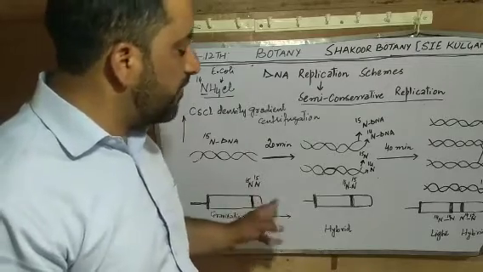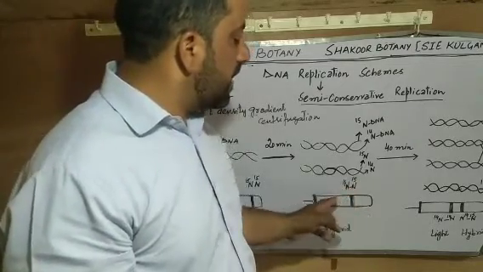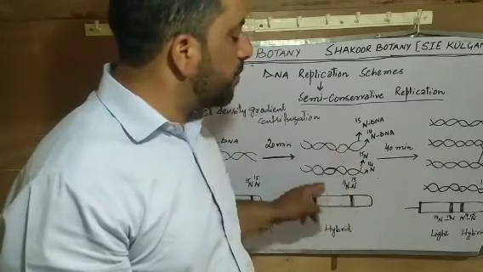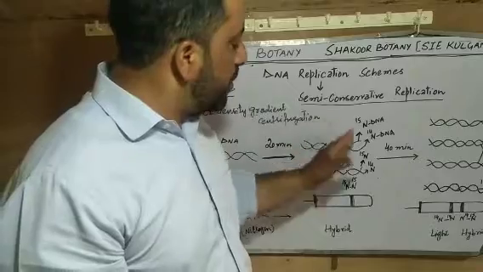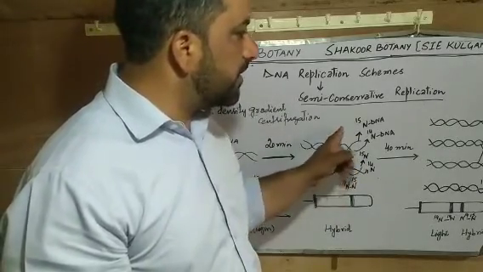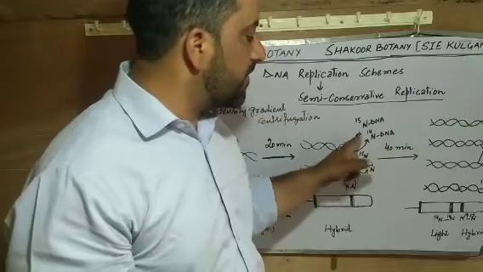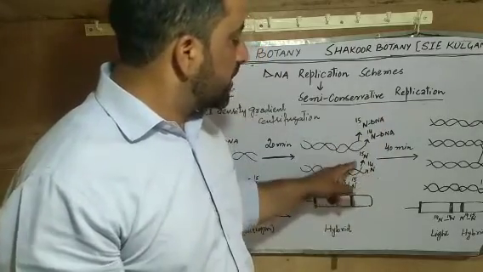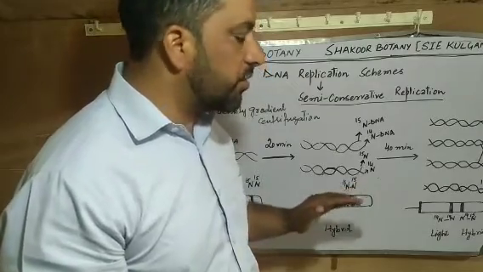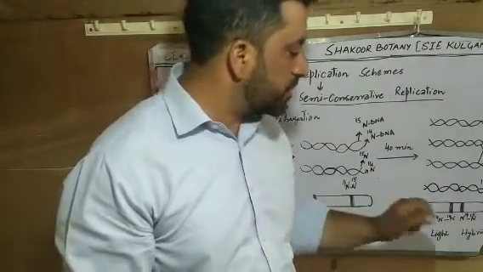Now after 20 minutes, when we cultured this E. coli on N14 medium, 2 DNA molecules were formed, and in both DNA molecules one strand was N15 and another strand was N14. So they formed a band at an intermediate level in the cesium chloride density gradient ultracentrifugation tube.